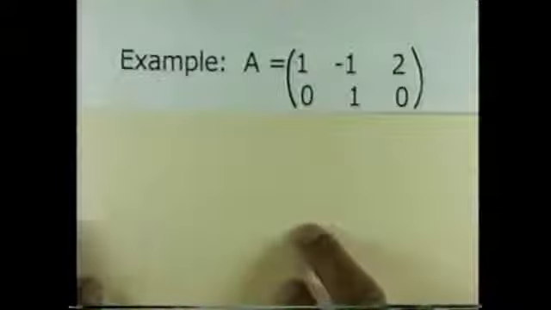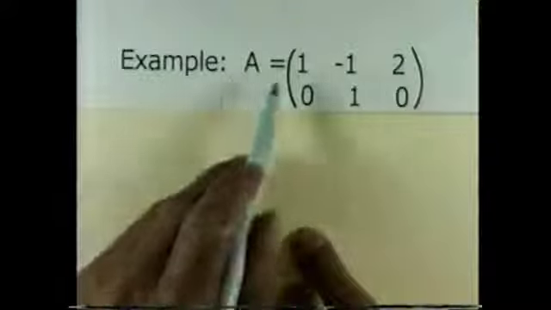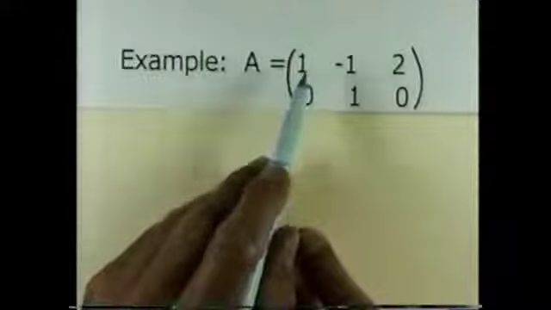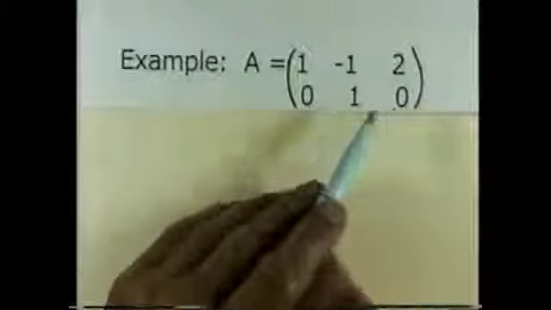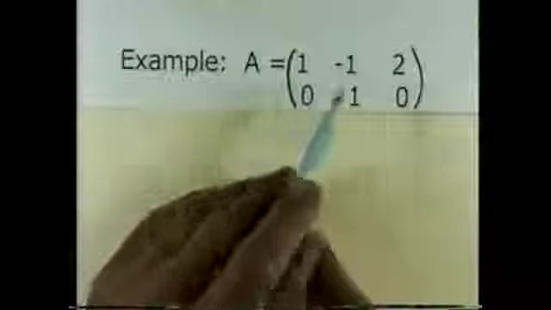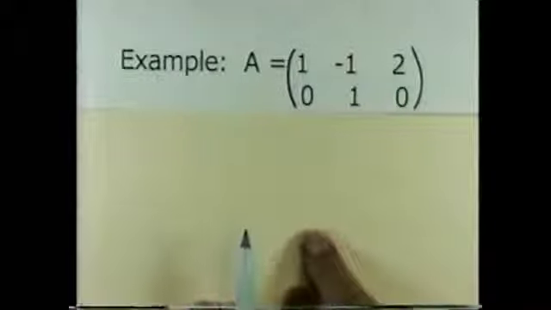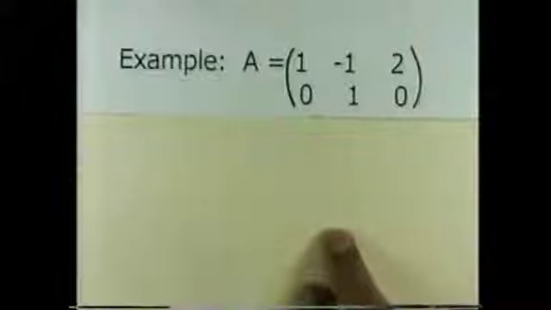Let's look at an example. Let A be the matrix 1, -1, 2, 0, 1, 0. So A is the 2 by 3 matrix with rows (1, -1, 2) and (0, 1, 0).